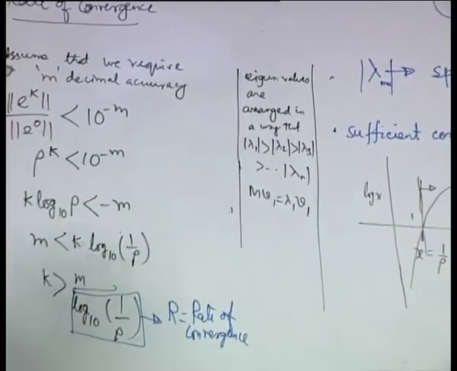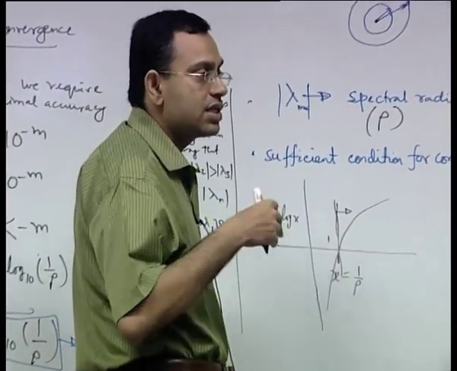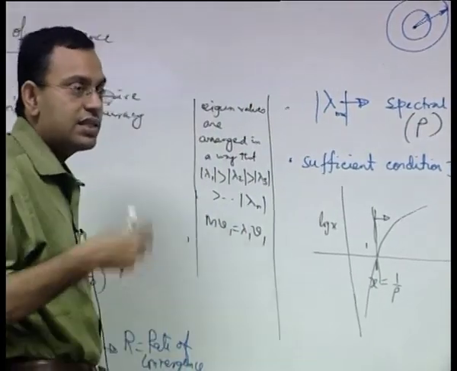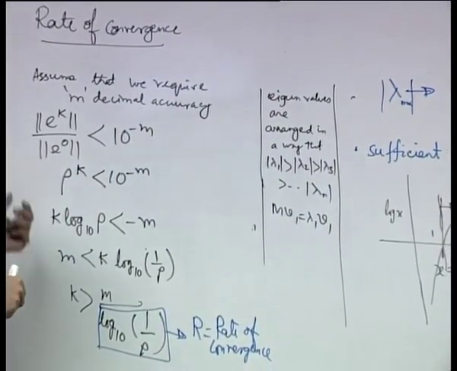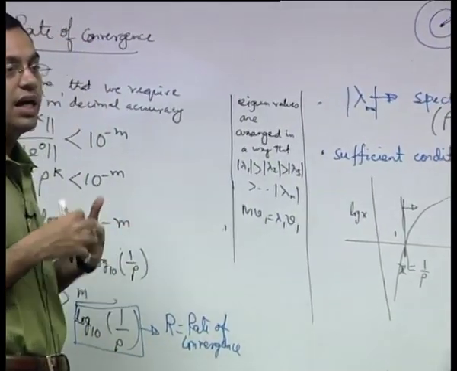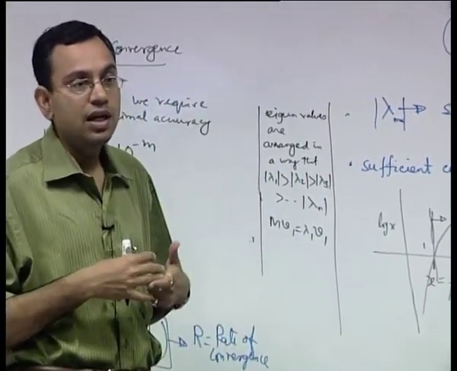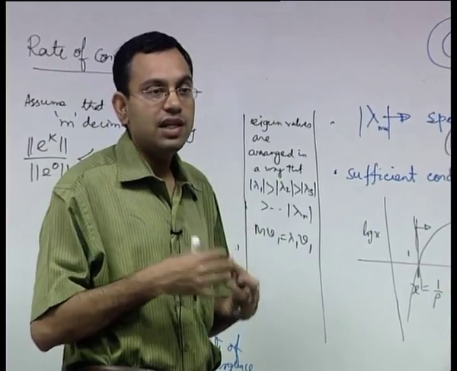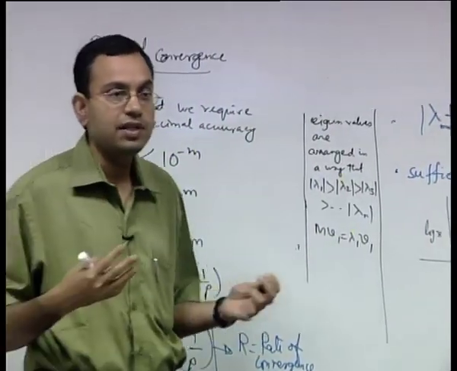Now, but how to assess the spectral radius of convergence? There are several ways in which you can assess it, but we have to keep in mind that to do that in a straightforward way, we need to calculate the eigenvalues of the matrix M, and eigenvalue computation is also expensive, just like we had seen that the power computation of the matrix M is expensive.